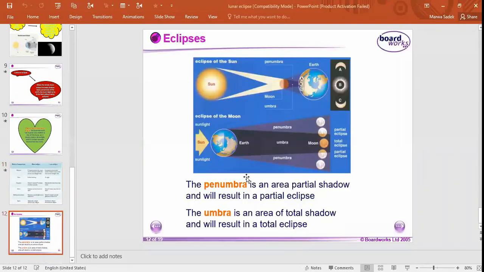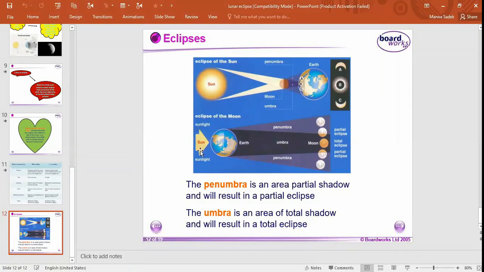Look here. This is the sun, this is the moon, and this is the earth. In the middle here, we will find the moon. So when the sun, the moon, and the earth are on one straight line and the moon is in the middle, this is called solar eclipse.